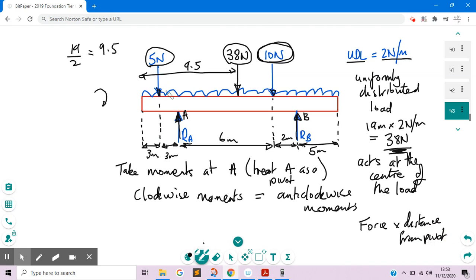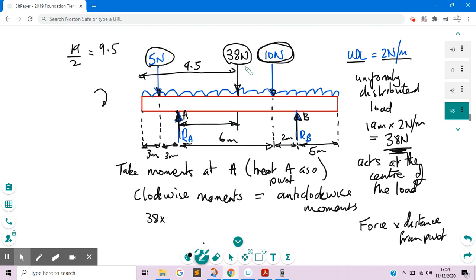So what I'm going to do then is, since A is the pivot point, we've got to look at all the distances of these forces from A. So we need to work out this distance that the 38 newtons is acting from A. So we've got 38 newtons, and we're going to times it by whatever this distance is.